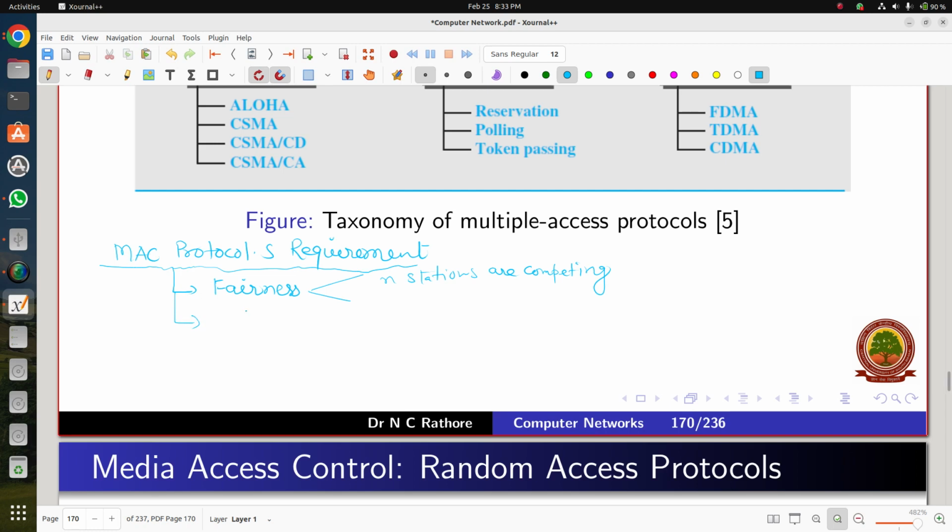Then there is another concern that you will be worried about: overhead. Why overhead? Let's say 2 or 3 stations want to get a channel. The channel is not a dedicated channel, it is a shared channel.